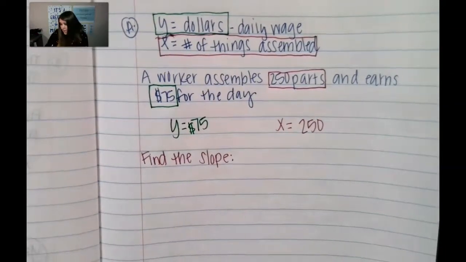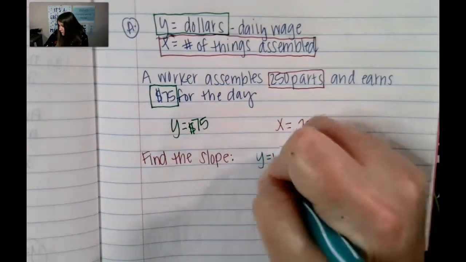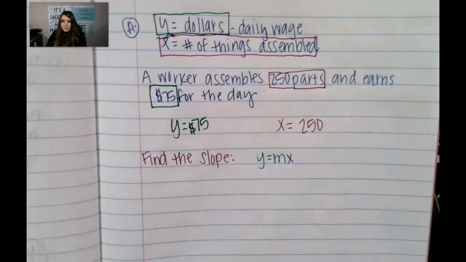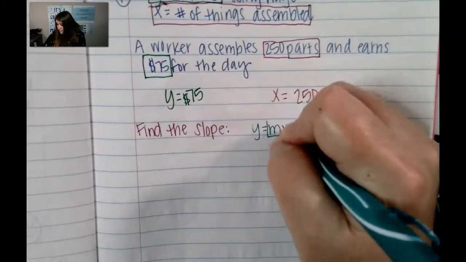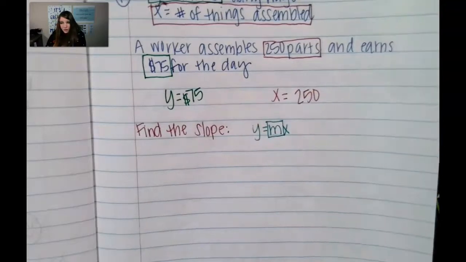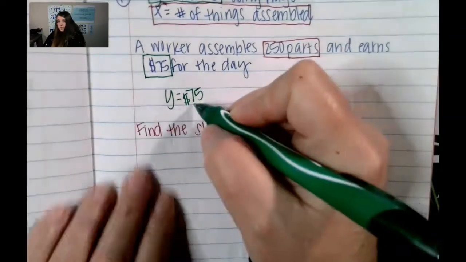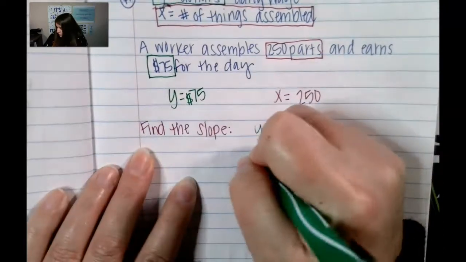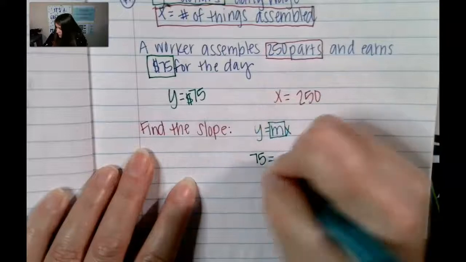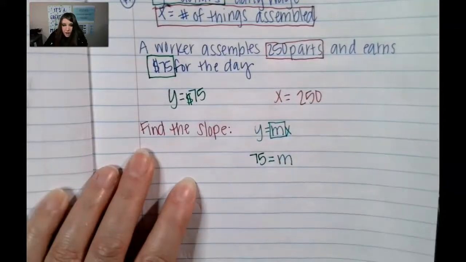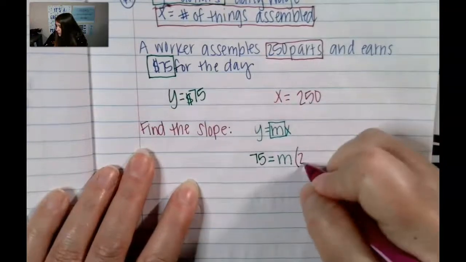They form a proportion. So we want to find the slope. Y equals mx. So we're looking for the m. The way that we're going to find the m is we're going to substitute. In for y, I'm going to put 75. So 75 equals m times the x, which is 250.